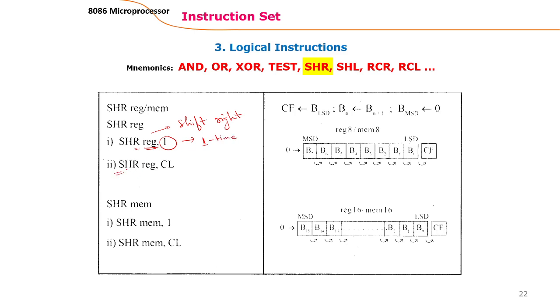Similarly in the second form, SHR means shift right of this register value, whatever content is there. How many times we will be shifting is stored in the CL value. CL indicates the count, like how many times shifting will be performed.